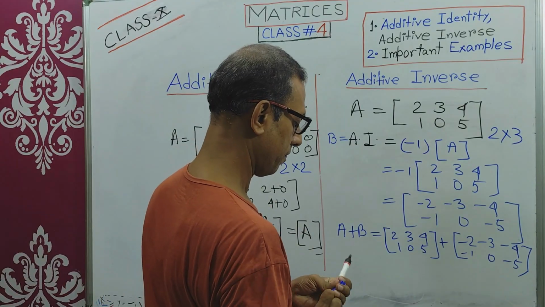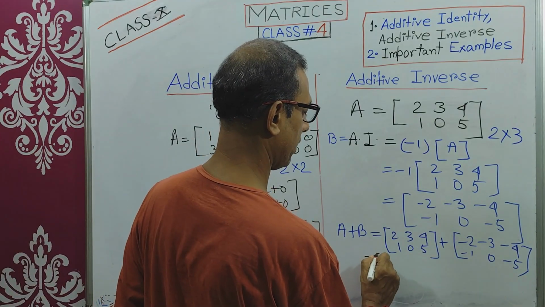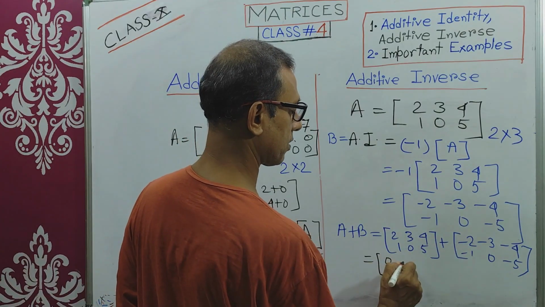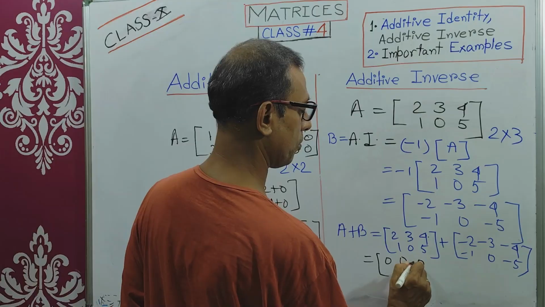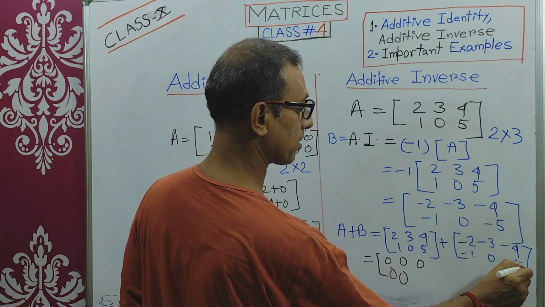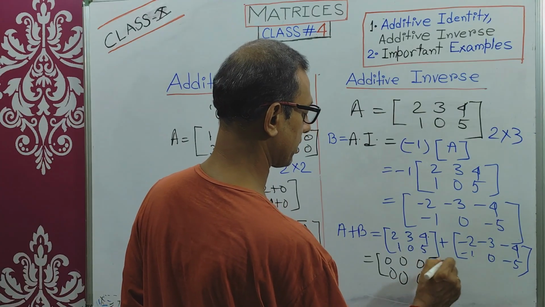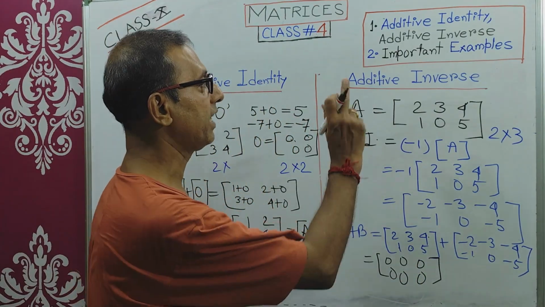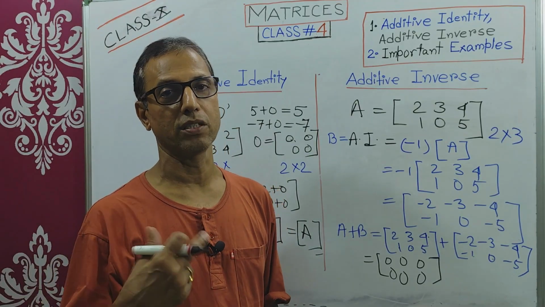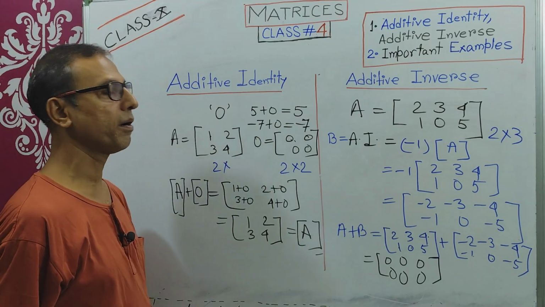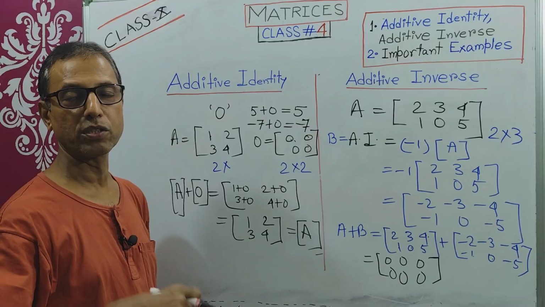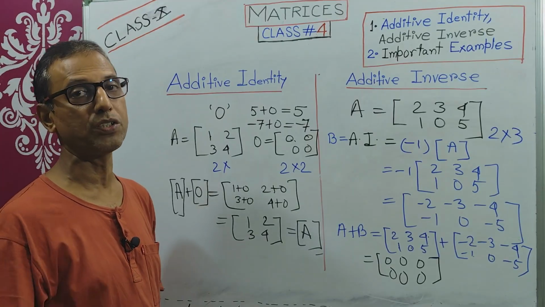You add the corresponding elements: 2 plus minus 2 is 0, 3 plus minus 3 is 0, 4 plus minus 4 is 0, 1 plus minus 1 is 0, 0 plus 0 is 0, 5 plus minus 5 is 0. So basically it's a null matrix. So a matrix plus its additive inverse gives the null matrix, just as for a rational number it gives 0. And the additive identity of a rational number is 0, because if you add 0 to a number, there is no change in the number.